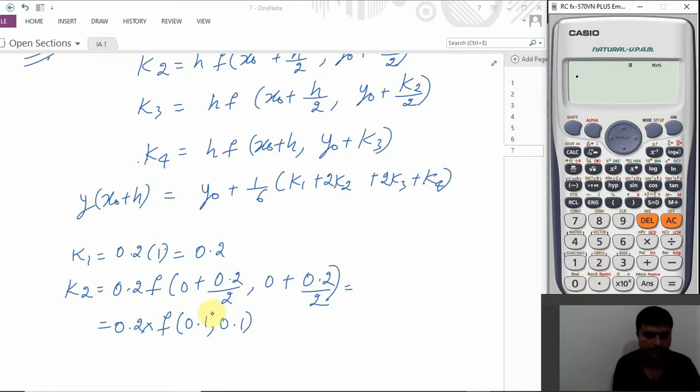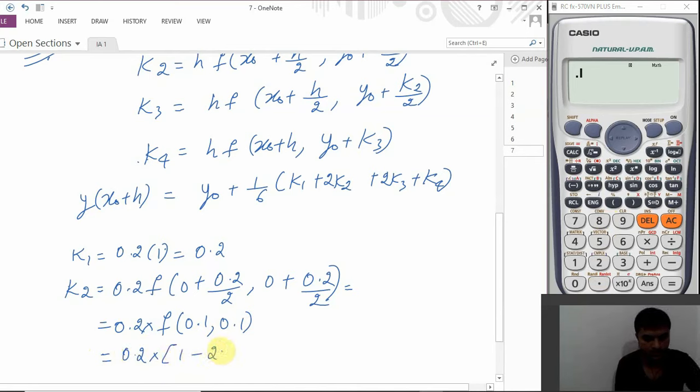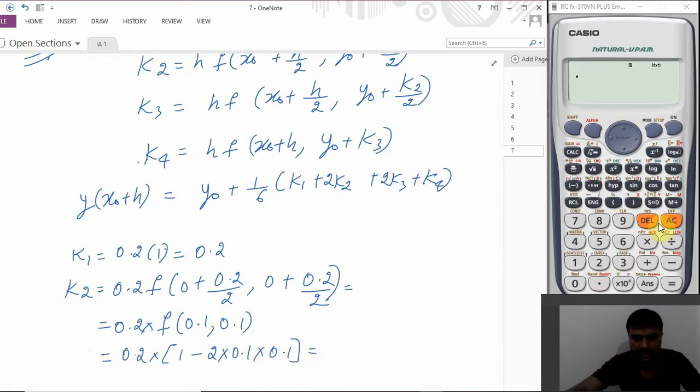Easily you can get the value. This is 0.2 f of 0.1 comma 0.196 divided by 2. So you will get the value 0.098. Just simplify the value.